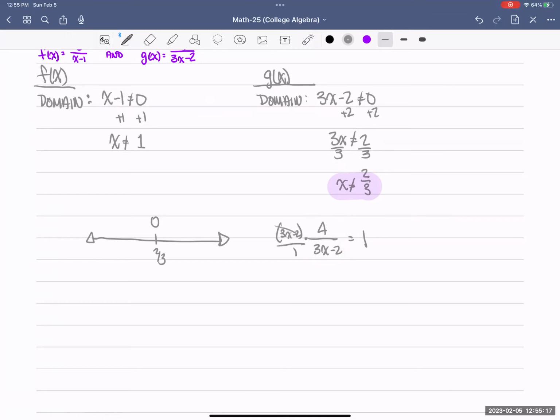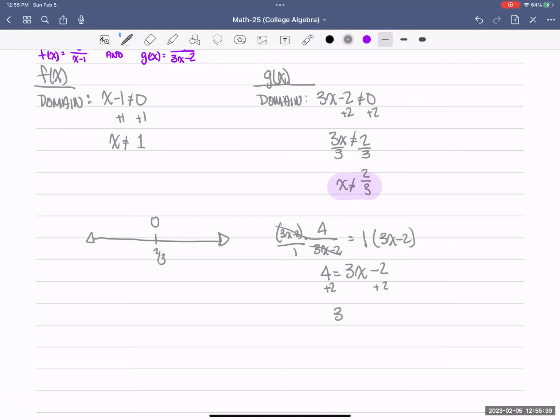That would be over 1. Those two would divide out, but what we do to one side, we also have to do to the other. So we end up with 4 is equal to, anything times 1 is just itself, 3x minus 2.